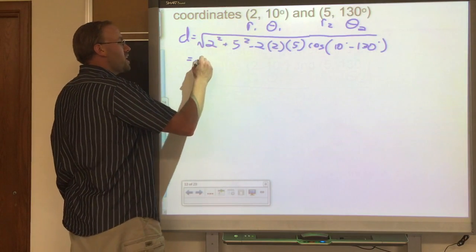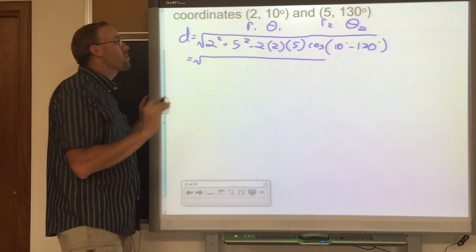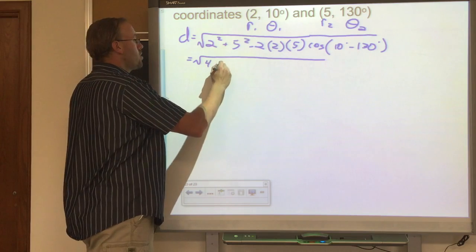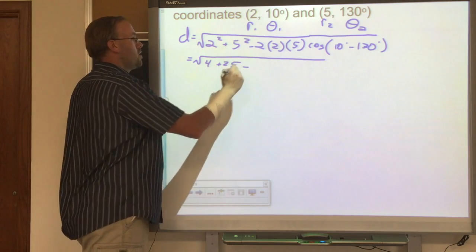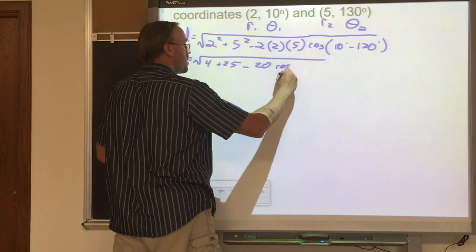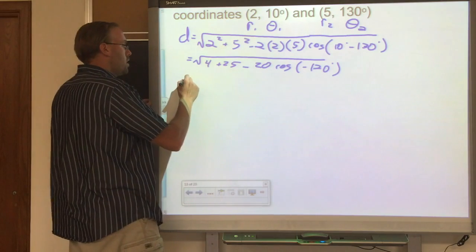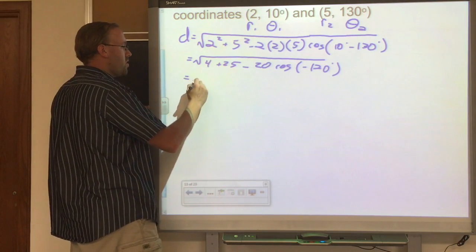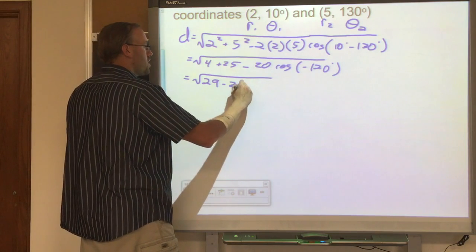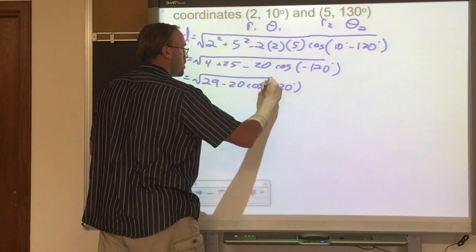Now, even though we're going to end up calculating this on the calculator, let's simplify this to make it easier to punch in. So this is 4 plus 25 minus 20 cosine of negative 120 degrees. And let's just put these 2 together. So that's square root of 29 minus 20 cosine negative 120.